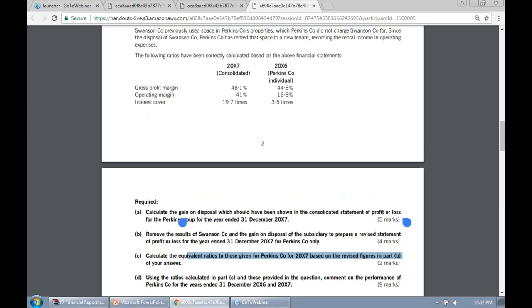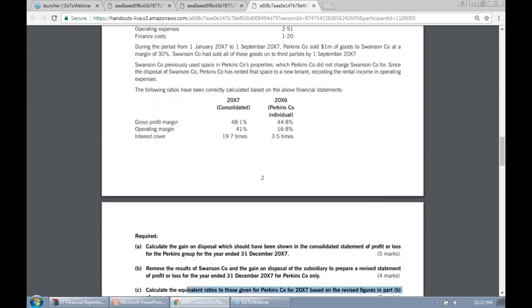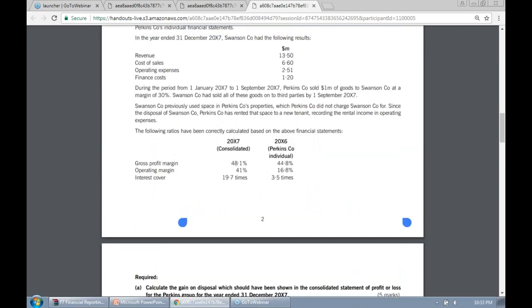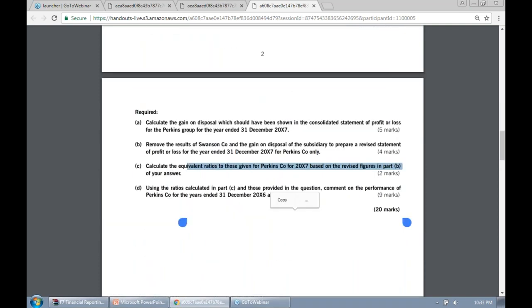This is a very important point: in current attempts, the examiner is least interested in the calculation. Calculate the equivalent ratios of those of the Perkins company based on the revised figures in part B. Using the ratios calculated in part B, part C asks you to comment on the performance of Perkins. Hardly, the comment will be based on 1.5 pages.